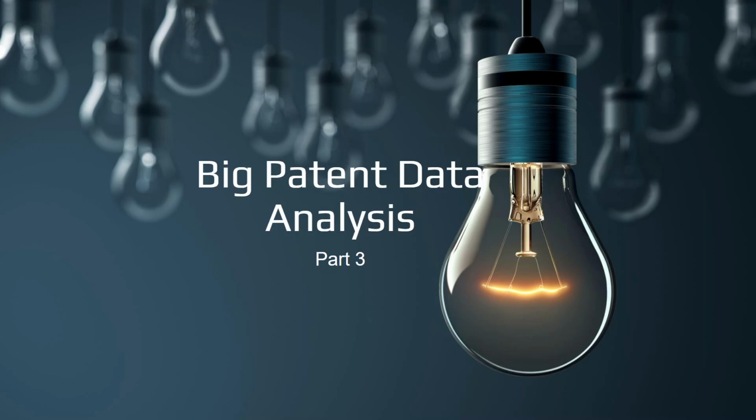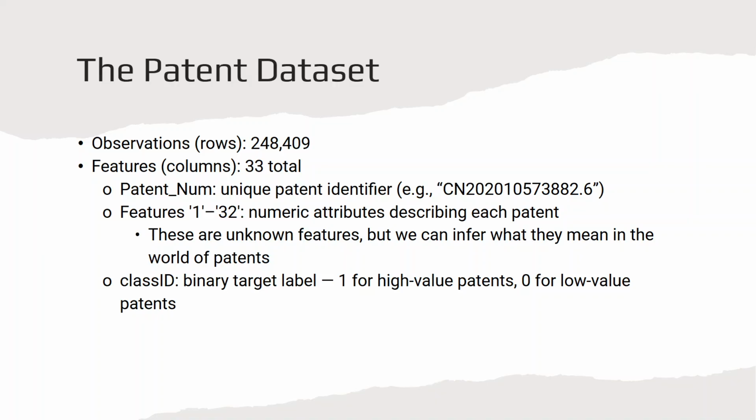All right, so for part three of the problem, we're looking at the big patent data set. To start off, we're going to look at the data set. It has 248,000 observations and 33 total columns, and that includes patent number, which is the unique identifier for each patent.